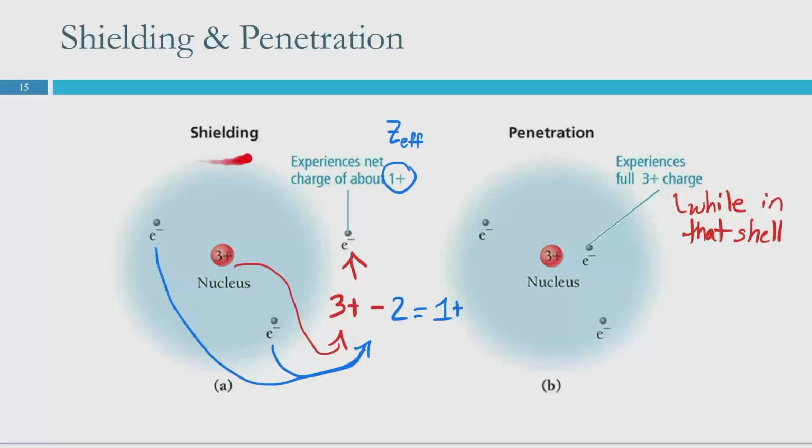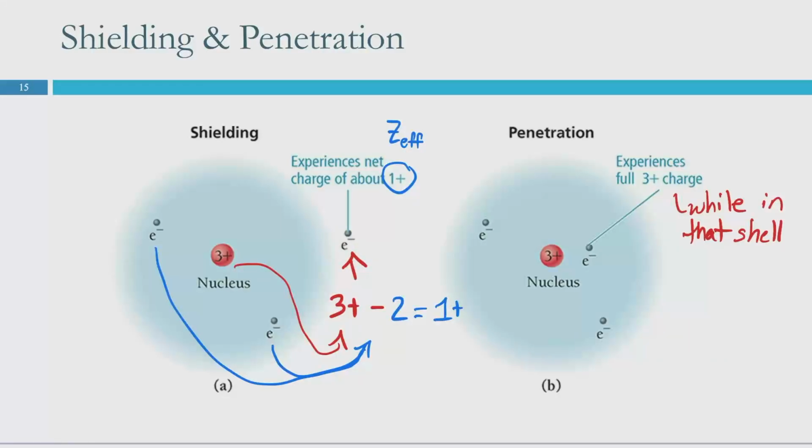So one of the big ideas with shielding is that these electrons in our outer shell, whatever our outermost electrons are, because they're in a different layer, all of the electrons that are inside of them in these inner layers sort of block out some of the effect of the nucleus. And so in this case, we've got an electron on the outside.